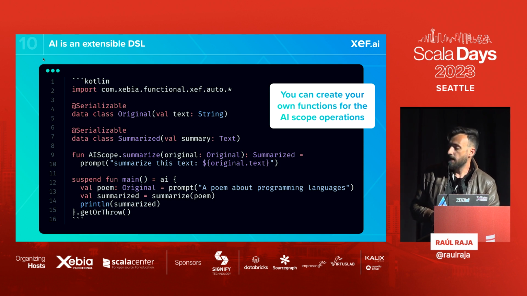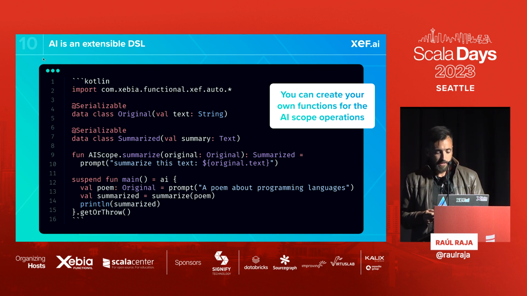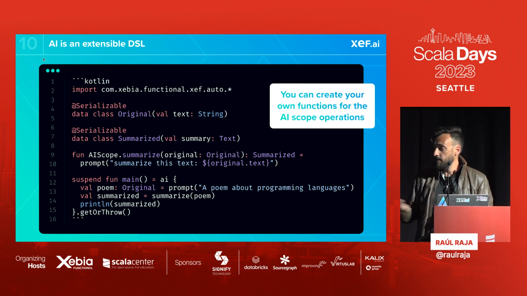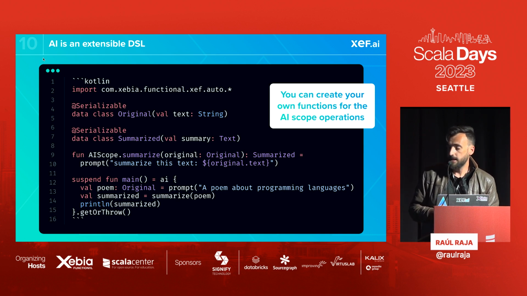We can observe how the summarize function just calls prompt, and then it can automatically get the response from the AI in the type that you want to consume it with. Then once we open an AI block in our main program below, we can see that because the function is declared in the AI scope, it has access to all of its contents. And if it was declared with implicits in Scala, then it's all the same.